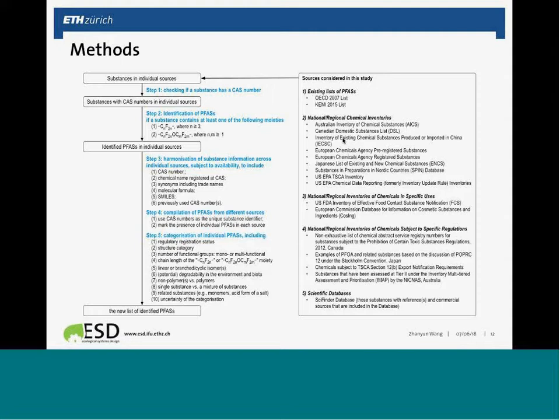Of course, this is basically the methodology used to develop the new list.